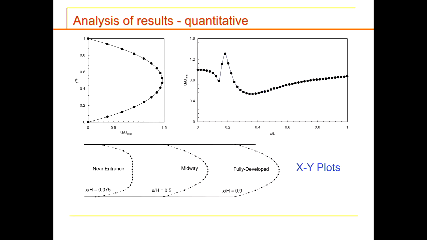Okay? For turbulent flow, what do you think will happen? What is the profile going to look like? What do you think in turbulent flow will look like for a profile?